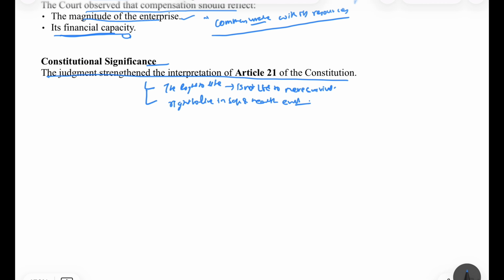And industrial development cannot come at the cost of human life and death. Human life and death, industrial development. These are the three things the court has signified.